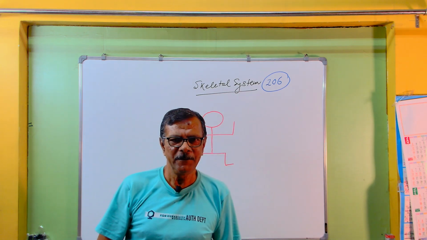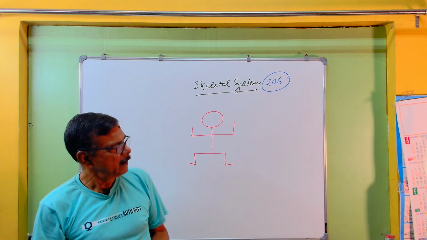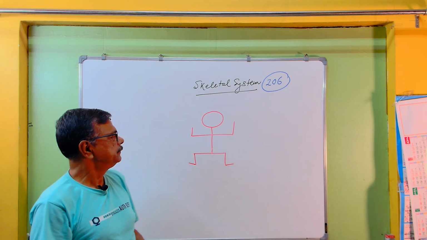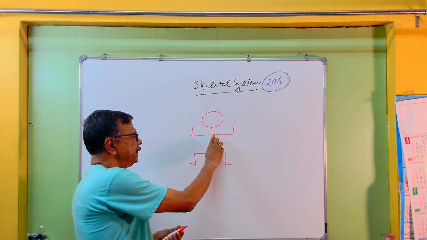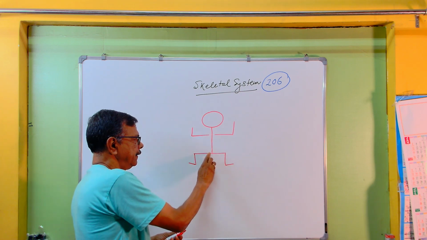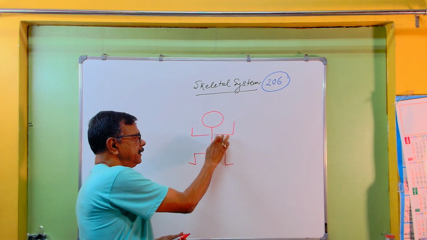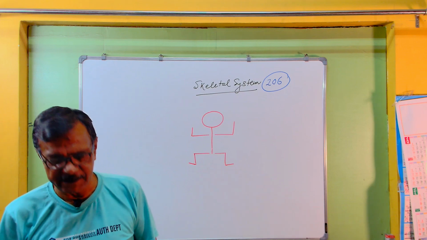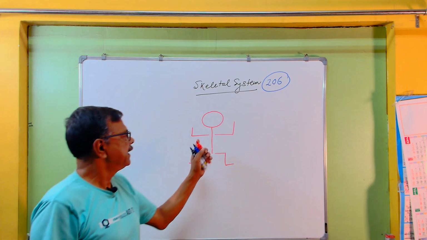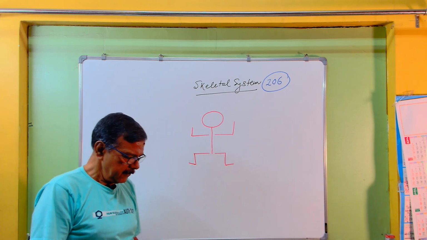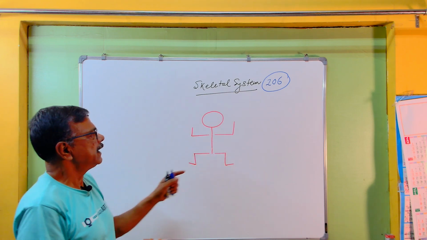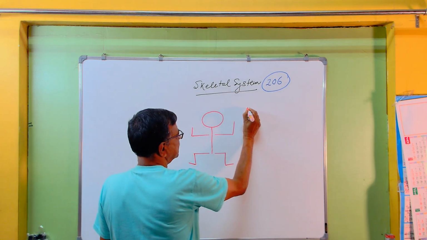It is well known to you, this picture. Now, in this case, these are appendices. These are known as appendices. So from this, the name comes: appendicular skeleton.